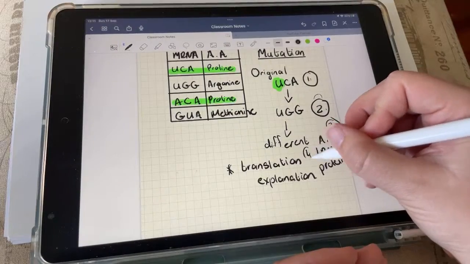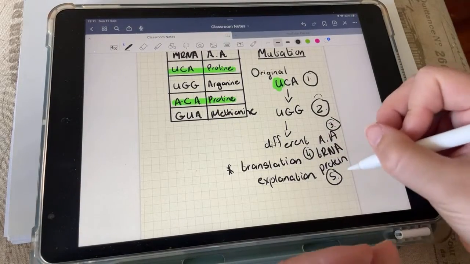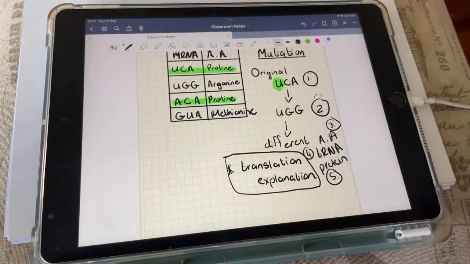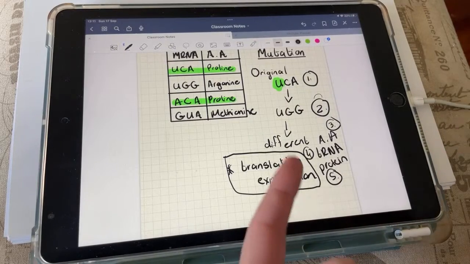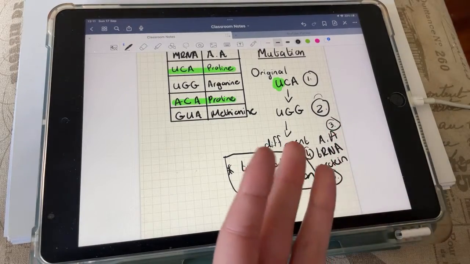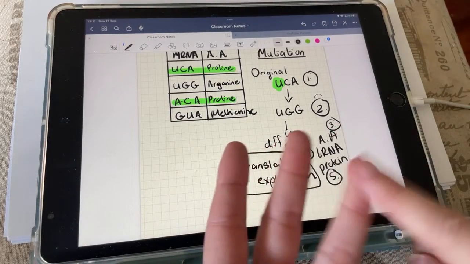And now you can rack up more marks by using your translation explanation, but making it negative, meaning you're not writing in the positive. You're not saying there will be an mRNA that will match with a tRNA that will bring the correct amino acid.